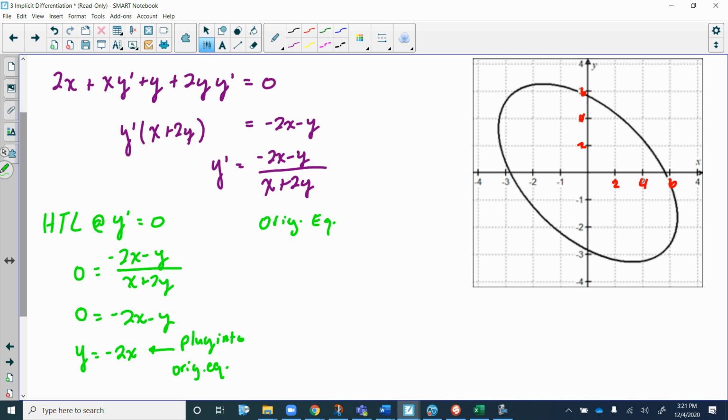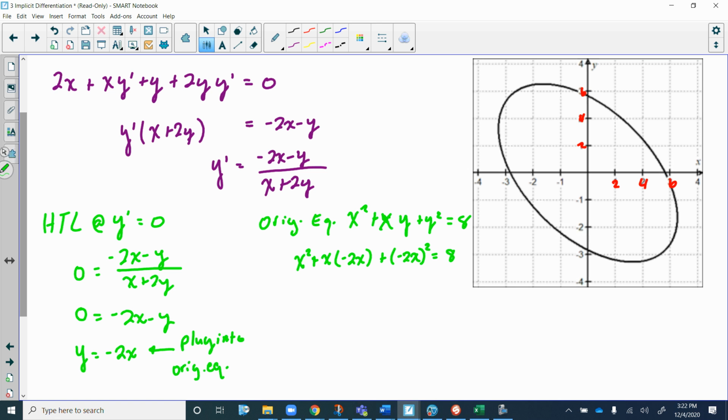The original equation was x squared plus x times y plus y squared is equal to 8. So now we have an expression in terms of y that we can plug into the original equation. If I do that, I'm going to have x squared plus x times negative 2x plus negative 2x squared equals 8. And this will at least give me some value of x that I can work with.